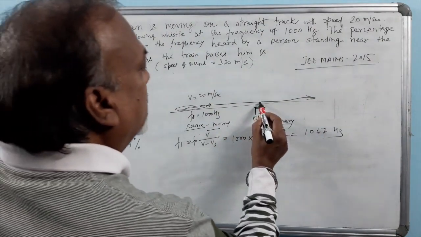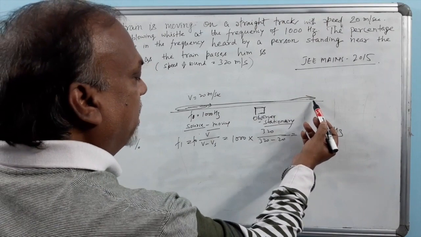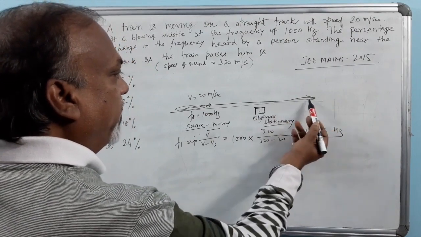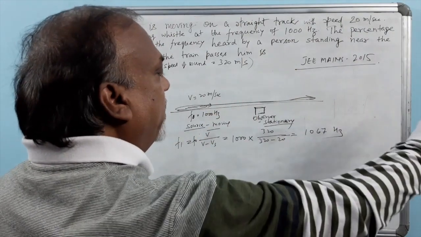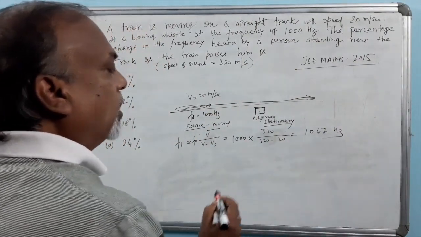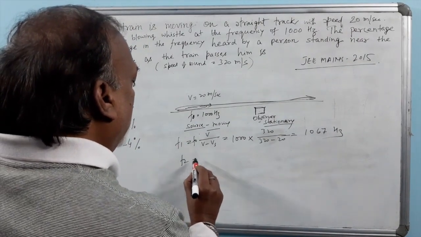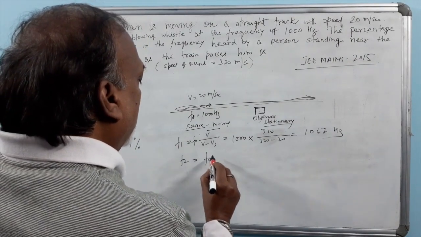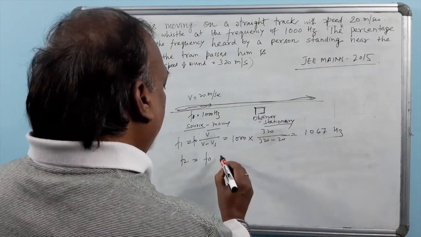Now once it passes, the frequency heard by this observer will be less because it is going away from the observer. So what will be the frequency when it goes away from the observer?